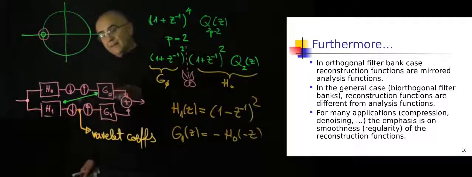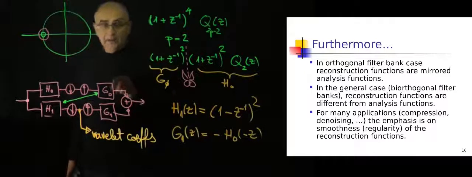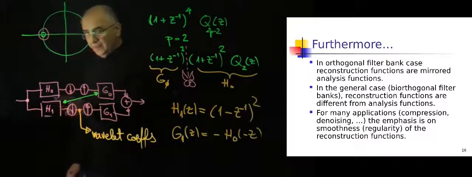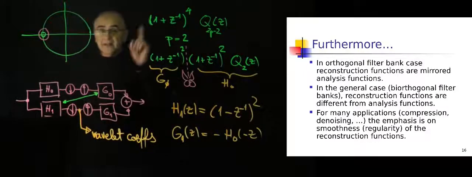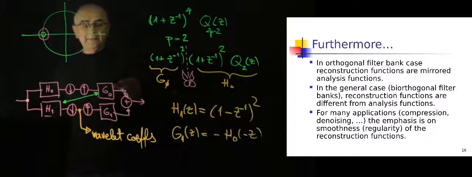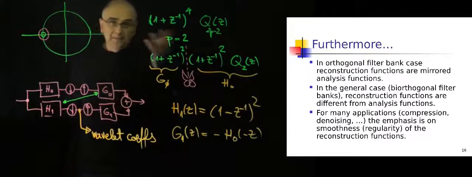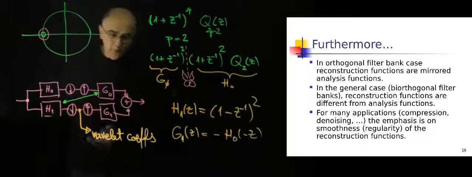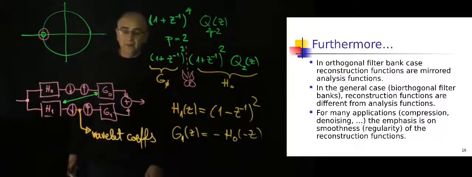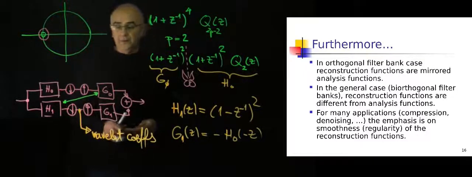Let's say this filter is a little bit more important in our design because it defines the filter which actually defines our wavelet coefficients. So that's the reason why people take care about the design of J0, because it's an indirect way to design H1, which generates our wavelet coefficients. And the other sub channel is going to another level of decomposition.